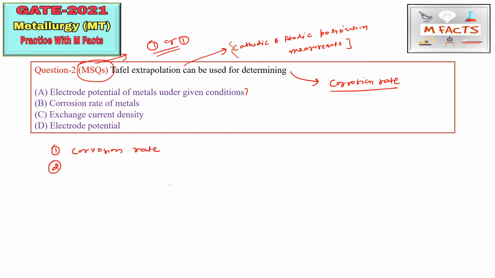Due to the corrosion rate we can measure the corrosion current, and the next thing is the corrosion potential. These may be measured by using Tafel extrapolation. The fourth thing is that we can measure the exchange current density also.